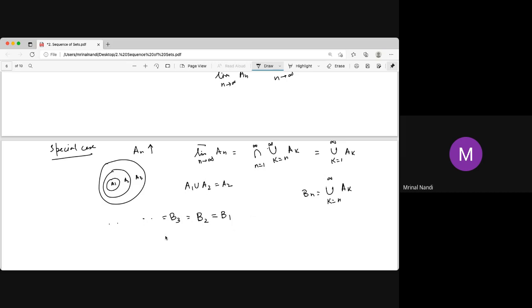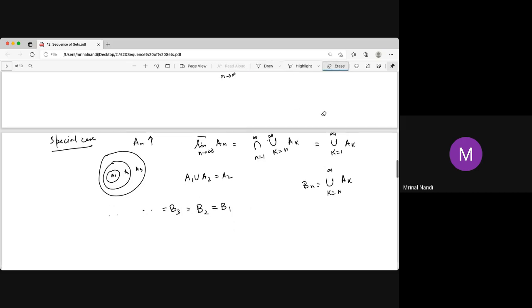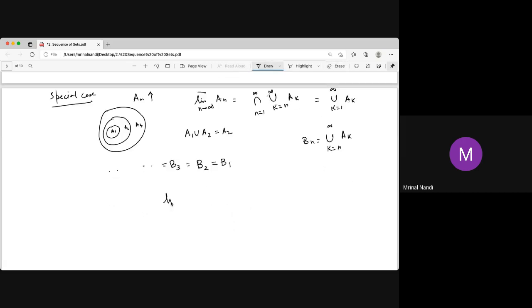What is the lim inf in this case, when this is an increasing sequence? We know the definition: we first take intersection, then we take union. Now what about if it is an increasing sequence?